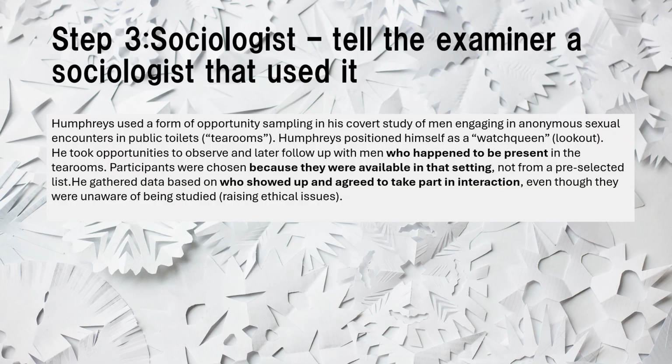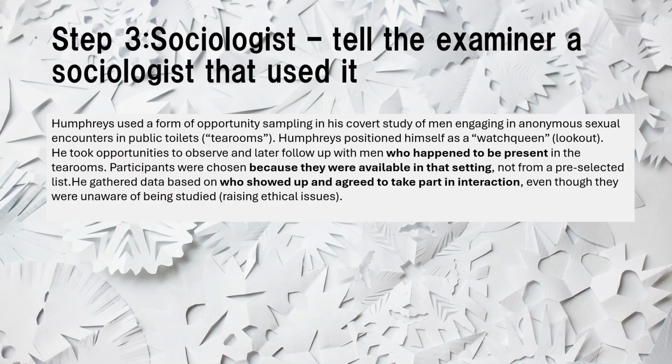So what I'm going to do now is I'm now telling the examiner how I know it's opportunity sampling. He took opportunities to observe, later follow up with the men who happened to be present in the tea rooms. Participants were chosen because they were available in that setting, not from a pre-selected list. He gathered data based on who showed up and agreed to take part in interaction, even though they were unaware of being studied.